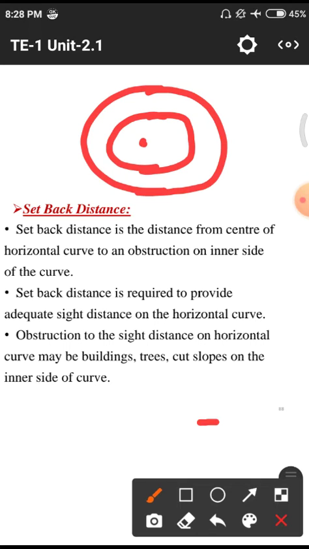If we compare this as a road, the outer periphery has extra distance and the inner periphery has less distance compared to the outer periphery, so we need to provide some sort of setback distance to maintain these sight distances and prevent other accidental cases on horizontal curves. This is the main phenomenon which helps to prevent these accidents.